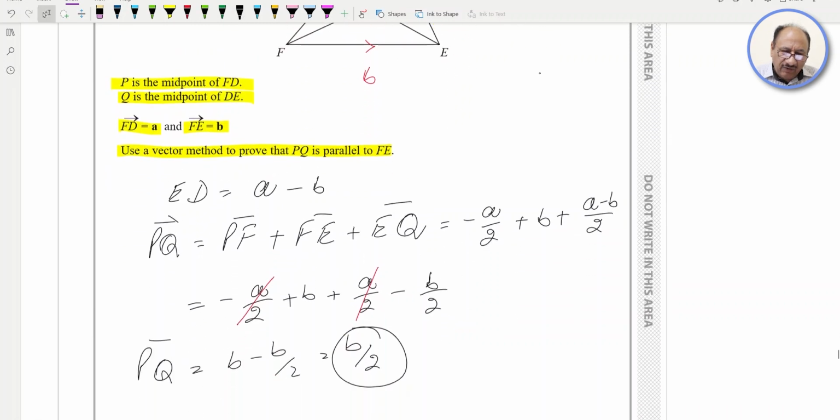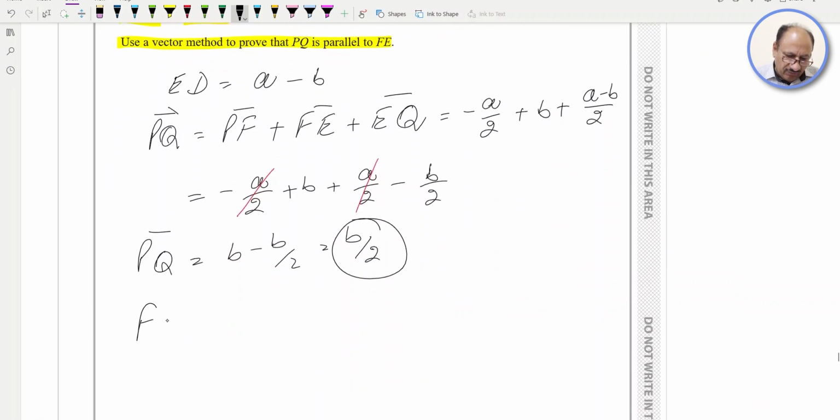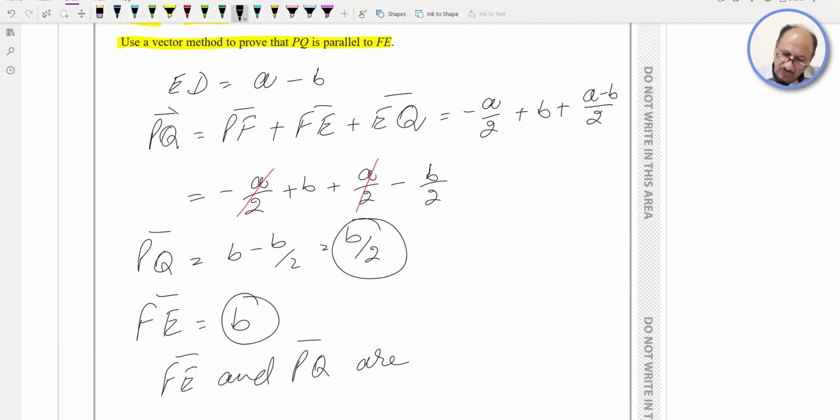So FE vector is given as B. So if you see, these two are multiples of each other. So we can write PQ and FE vectors are multiples of each other.